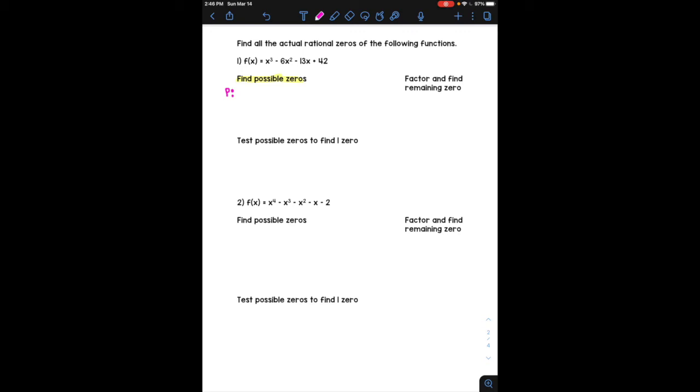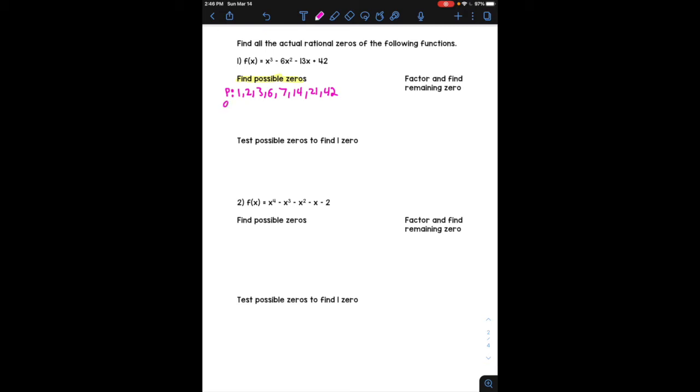P, all the factors of the number 42. Which would be 1, 2, 3, 6, 7, 14, 21, and 42. That might take a little bit of guess and check on your calculator.